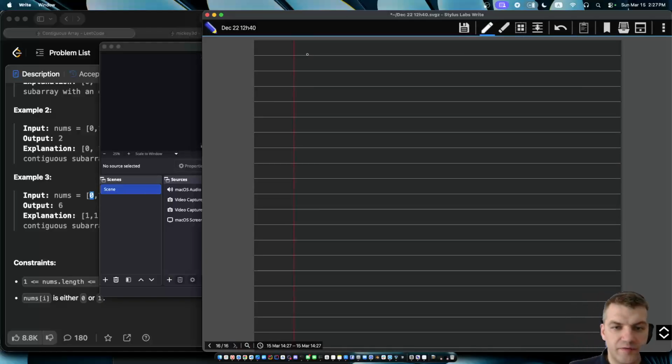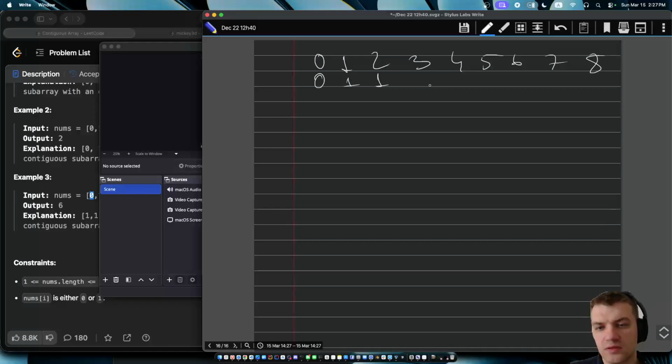So let's say we have the indexes 0, 1, 2, 3, 4, 5, 6, 7, and then 8, and the values 0, 1, 1, 1, 1, 1, and then 0, 0, 0. In this case, 0 is going to decrement the balance by 1, and 1 is going to increment the balance.